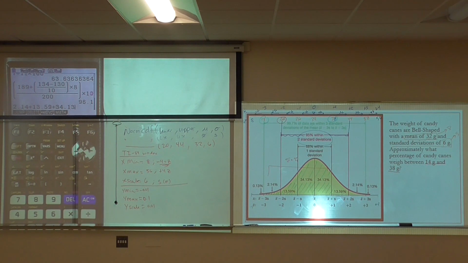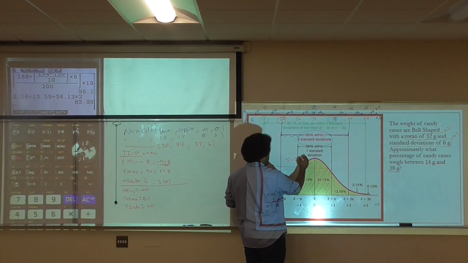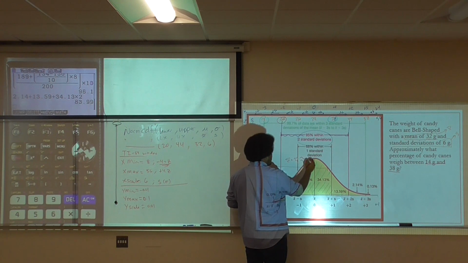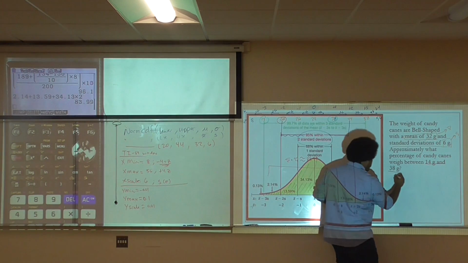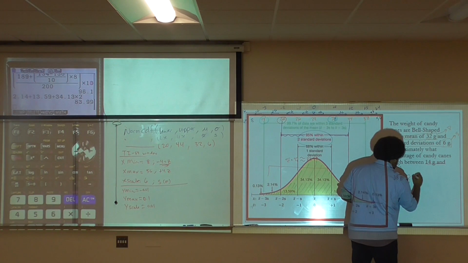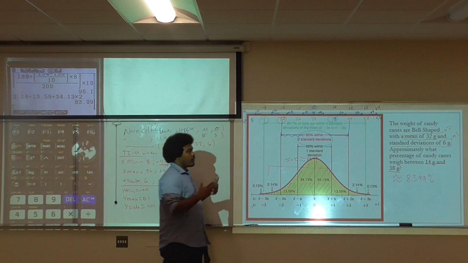I can just put times 2 because they're the same values. That's a shortcut to doing it. But anyways, now I can enter it, and I'm looking at 83.99. And that's using the Empirical. When I sum all those guys up, it's approximately 83.99. So that's my answer. That's what's over here using the Empirical. Approximately 83.99% of the measurements we're looking at here are of the candies.